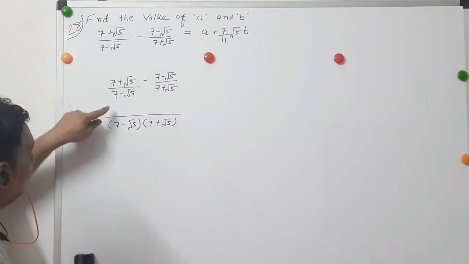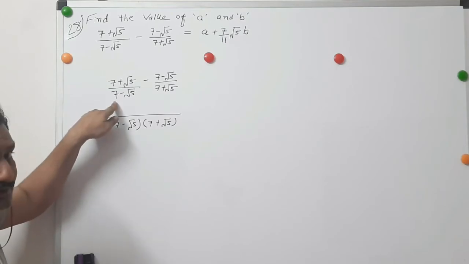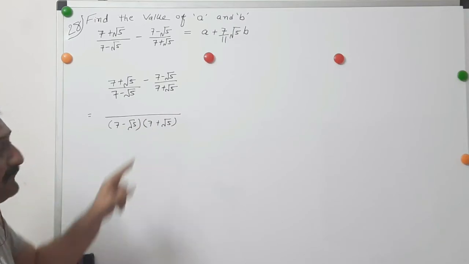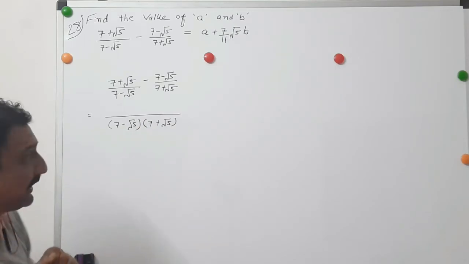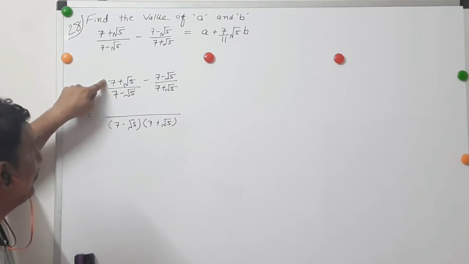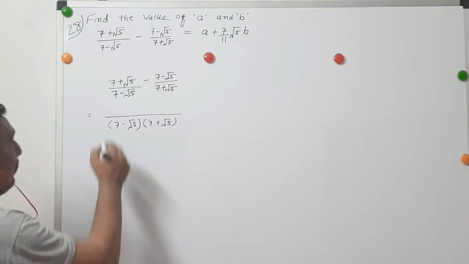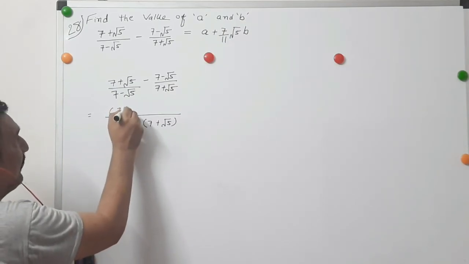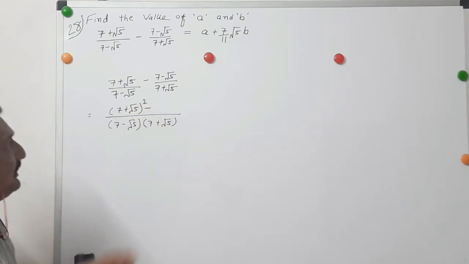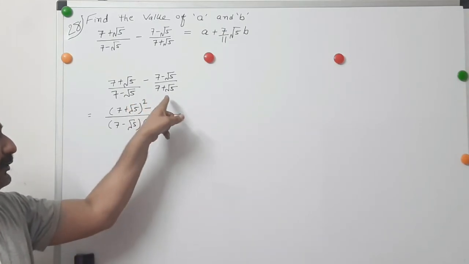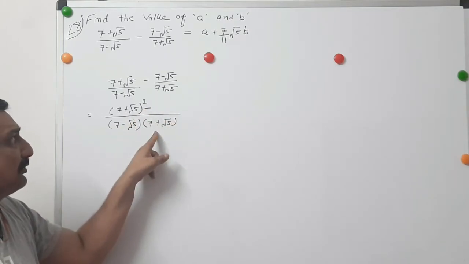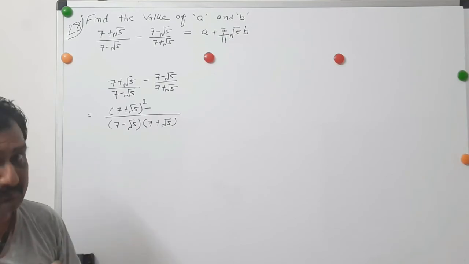Here, for the first term, to obtain (7 minus root 5) into (7 plus root 5), 7 plus root 5 is missing. So we have to multiply the numerator of the first term with 7 plus root 5. So that becomes (7 plus root 5) whole square, minus, in the same way, in the second term, to obtain (7 minus root 5) into (7 plus root 5), 7 minus root 5 is missing.